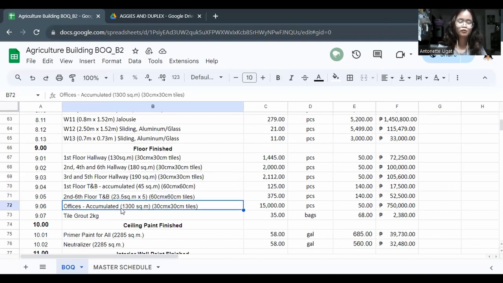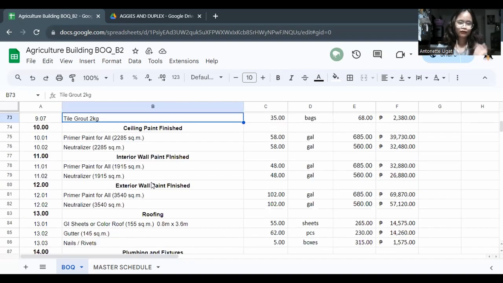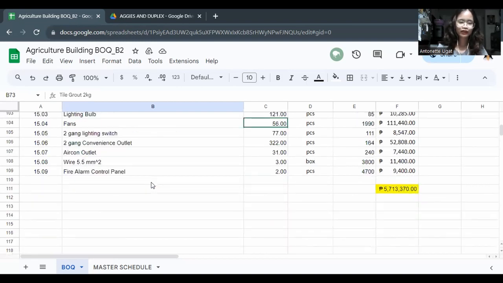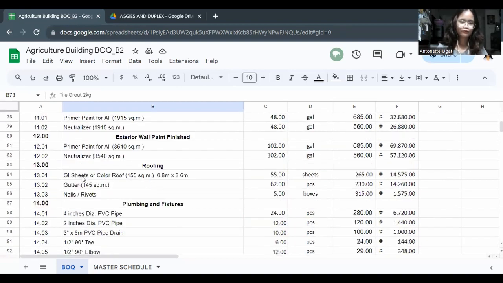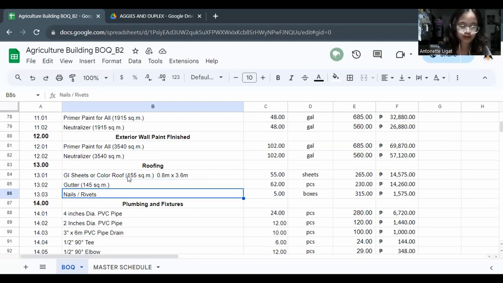I have accumulated the area for all the offices from first to sixth floor, basing on the plans that we have made, and of course also the tile grout. For roofing, we have estimated the GI sheets or the color roof, and the gutter, as well as the nails or rivets.